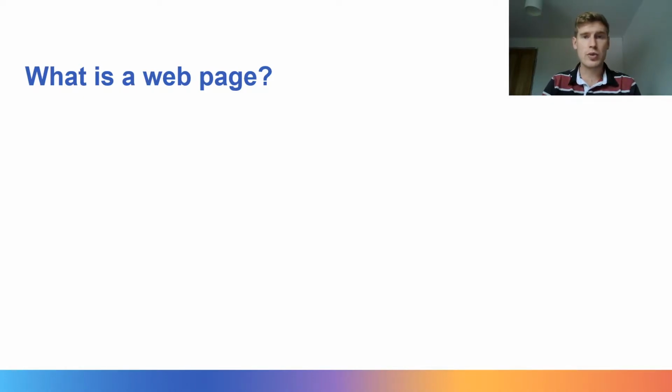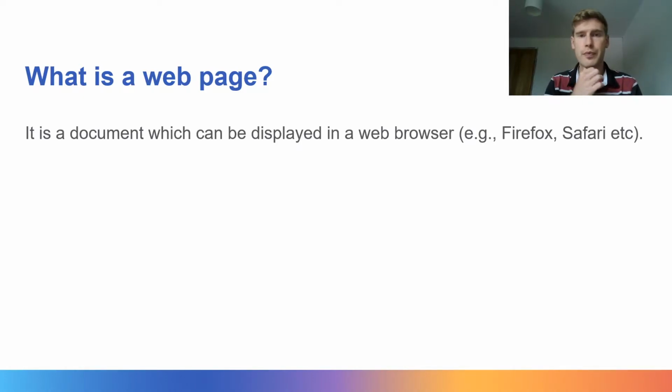So first and foremost, what is a web page? It's a document which can be displayed in a web browser. So if we're manually viewing web pages, we tend to use browsers such as Firefox, Google Chrome, Safari, and quite a number of other ones. So it seems a bit basic, but that really is all it is.